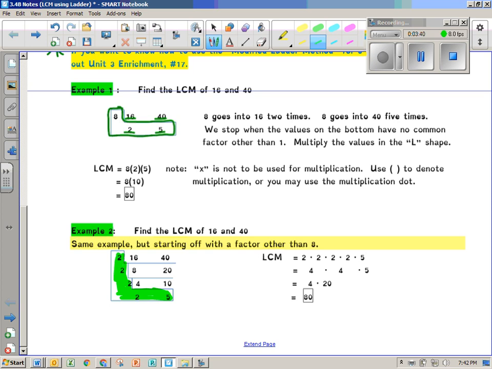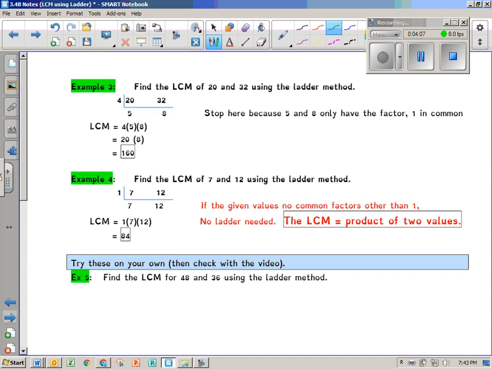It's actually easier up here with a smaller ladder, but I just grouped my 2's together to get 4, these 2 to get 4, 4 times 4. Oh, actually, it looks like I did 4 times 5 to get 20, and 20 times 4 is 80. Remember, when you multiply, it doesn't matter what order you multiply the factors. So pretty simple. And again, most people prefer the ladder over prime factorization. It's just a little less work.